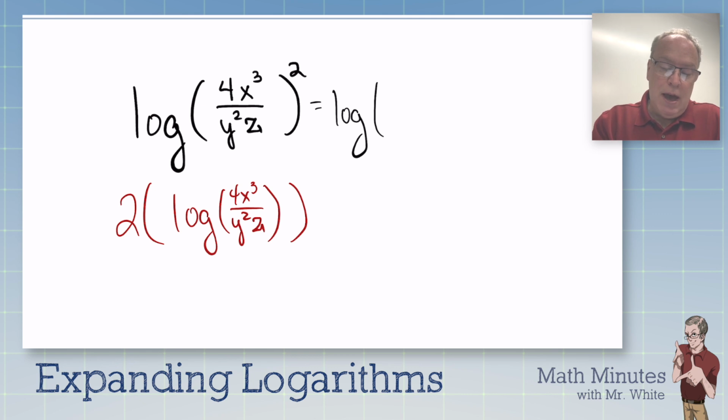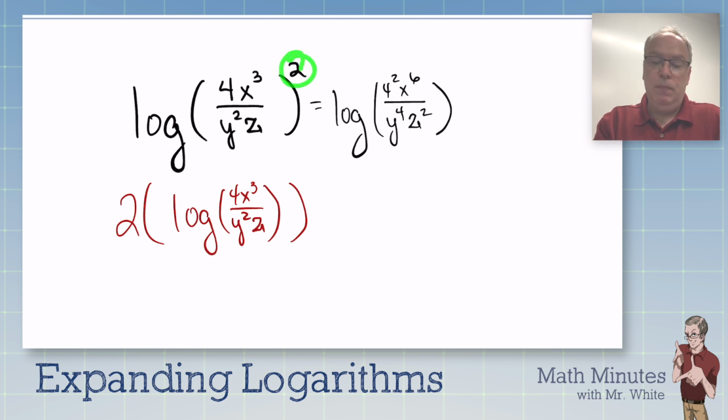in algebra. We have 4 squared, which is 16, x to the 6th, because power of power you multiply, all over y to the 4th, z to the 2nd. All right, so all I did was I took this exponent, and all of the exponents in this problem get multiplied by 2.